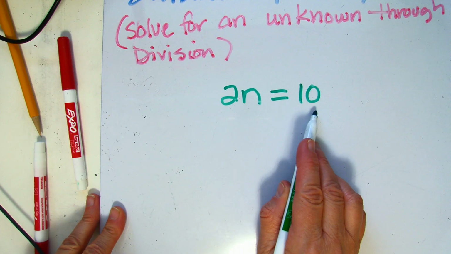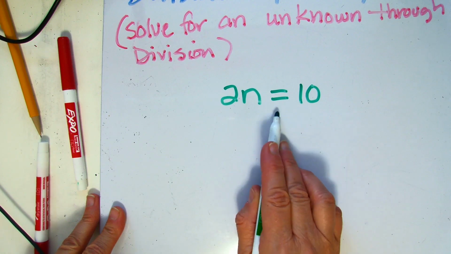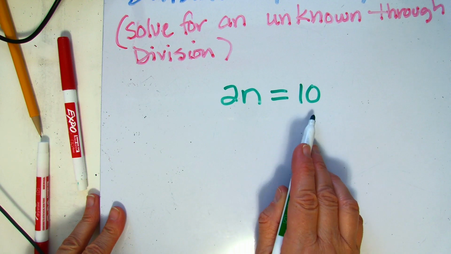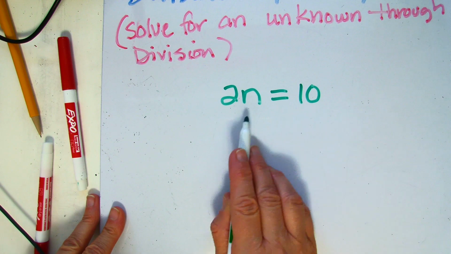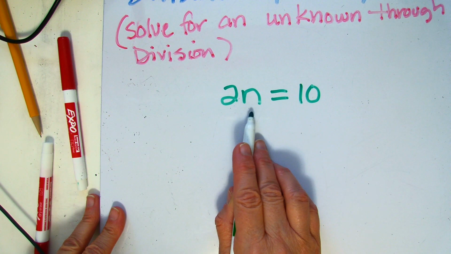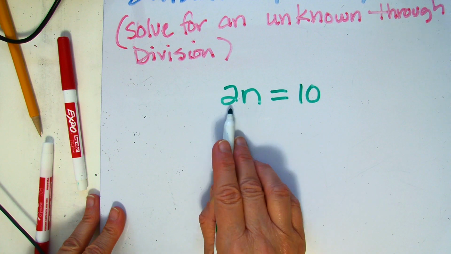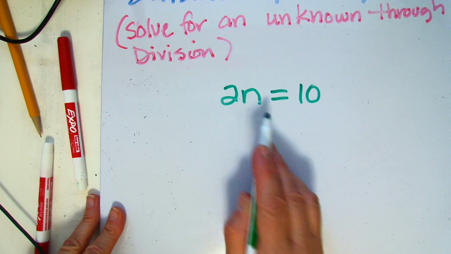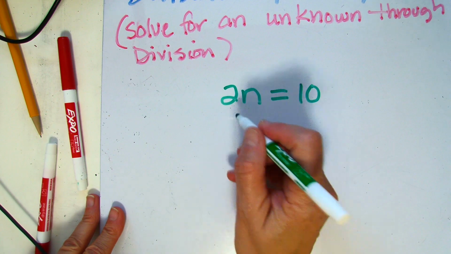And if we remember that the equal sign tells us that both sides of the equal sign represent the same amount, then we can determine what this n is by doing the opposite of multiplication. So instead of 2 times n, we're going to divide by 2.